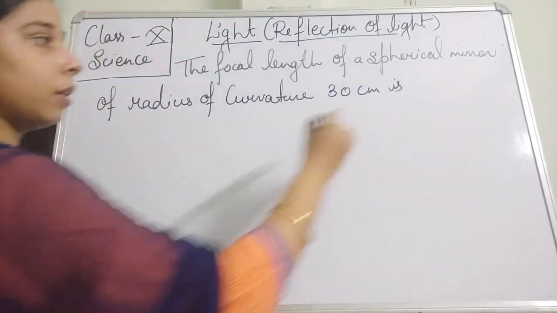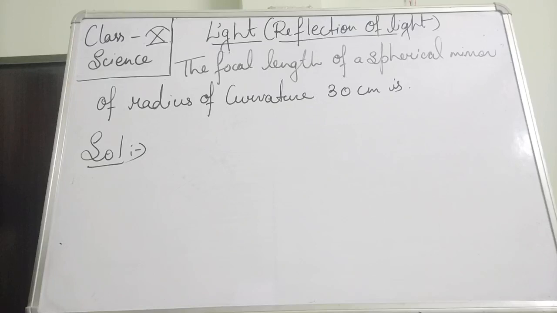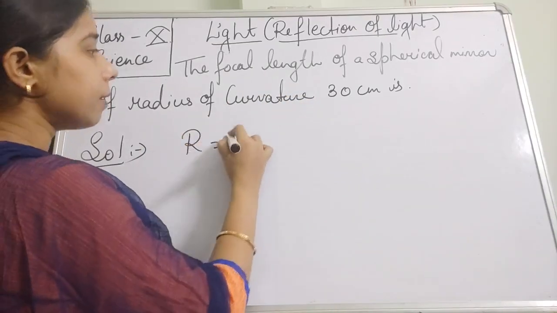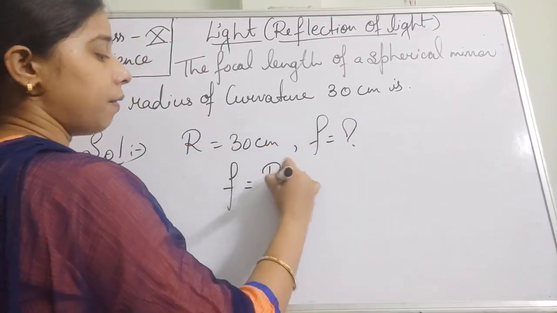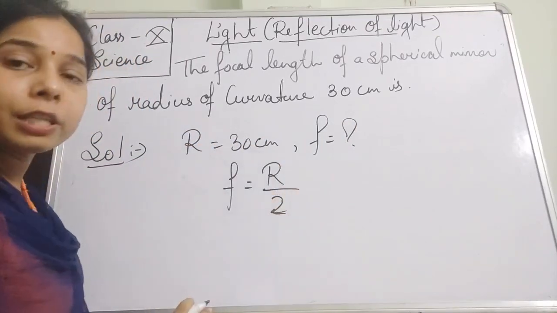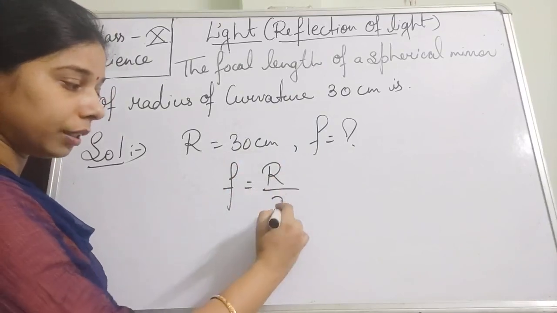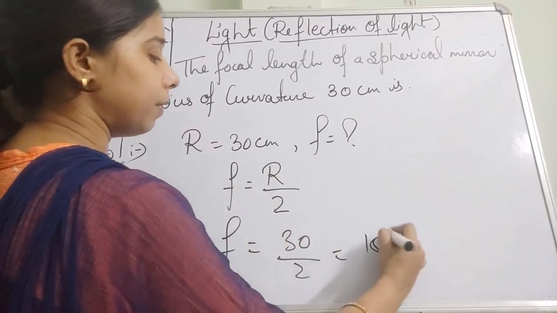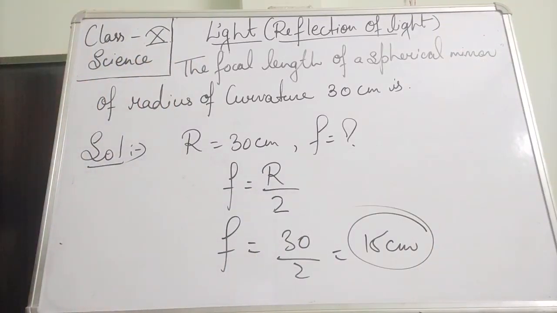So R is 30 centimeter and we have to find f. Obviously very easy. This is the formula. Remember that before solving numericals, you should always write the formula on the basis of which you find the answer. So focal length will be 30 upon 2, and the answer will be 15 centimeter.